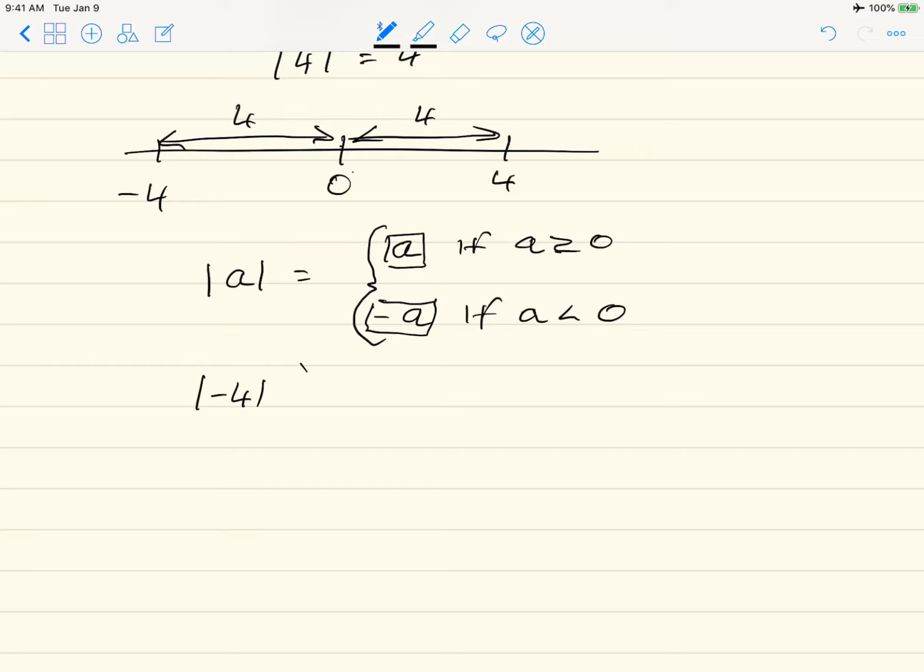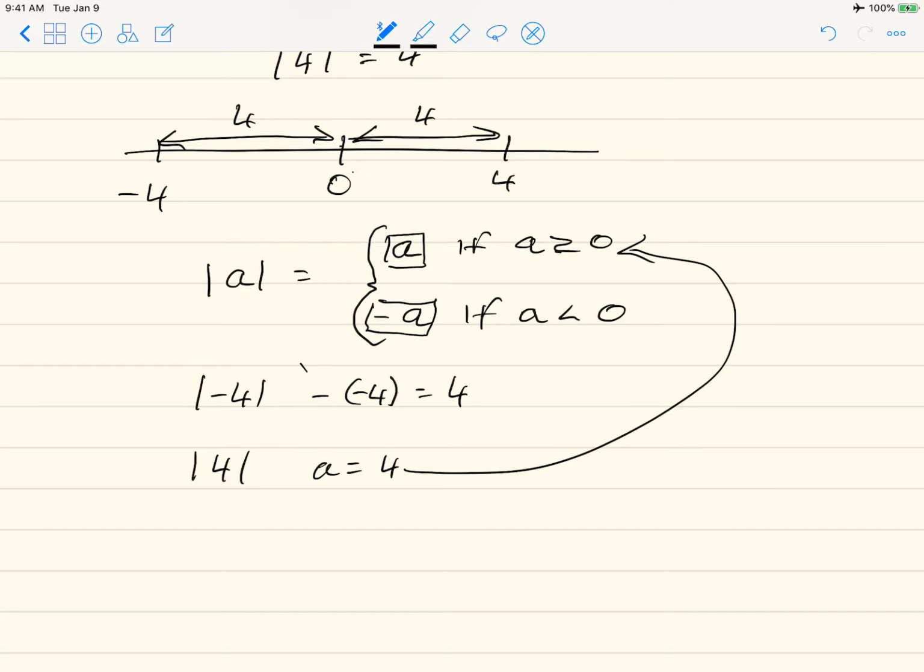Since you have a -4, you use this equation, because a is less than 0, so you just plug that in. That would be negative times -4, which is equal to +4. So it's still positive. Now if it was just 4, then a would equal 4, so you'd have to use this equation.